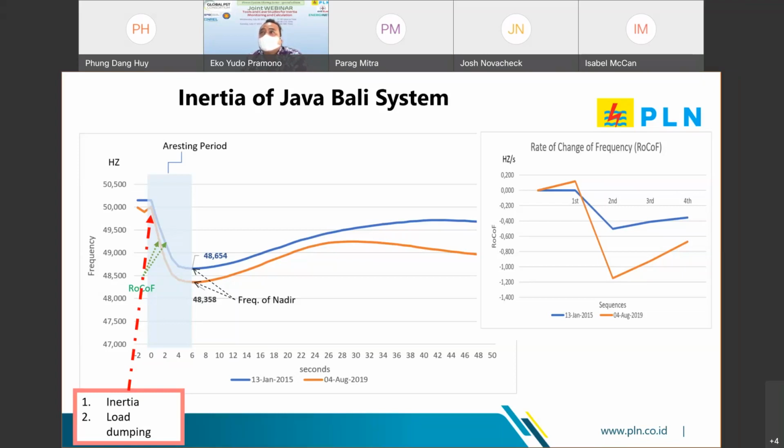So in the roadshow we can see the two different occasions when the disturbances happened. The blue one is better than the red one. Okay, next.